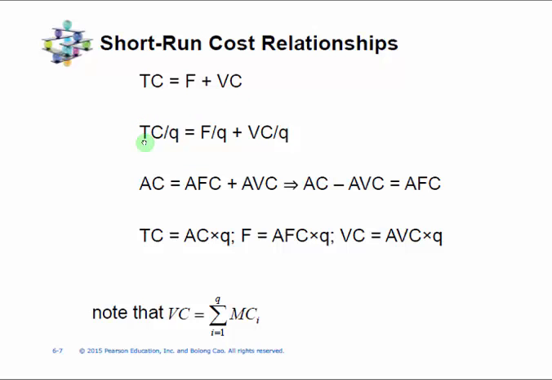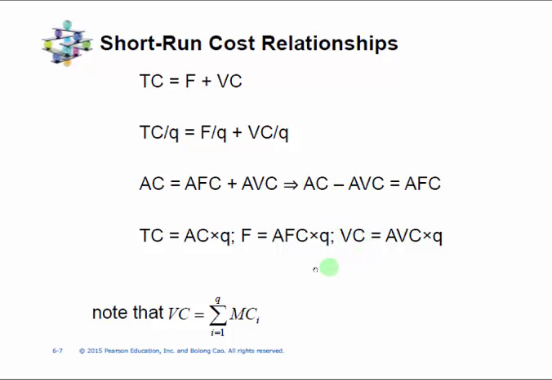If I have the average cost and the output quantity, I will get the total cost. And if I have the average fixed cost and the output quantity, the product of them will give me the fixed cost. If I have the average variable cost and the output quantity, the product of the two will give me the variable cost.